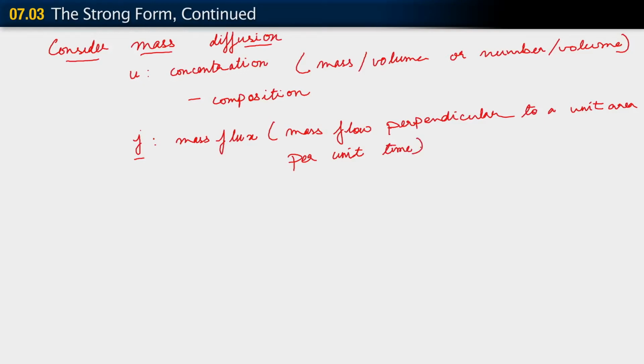Or alternately, if we were doing number flux, it would be the same sort of thing, right?